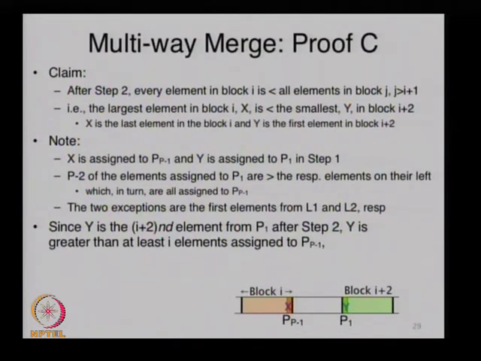So these I plus 1 elements that are less than Y on processor number 0, most of them, bar 2, will have an element less than it on the last processor.